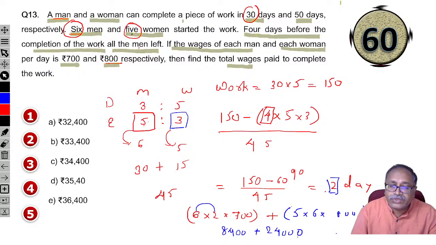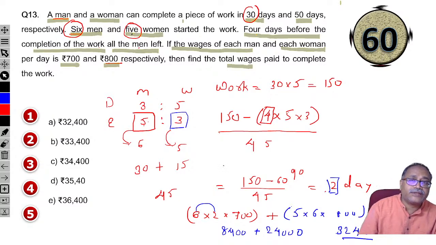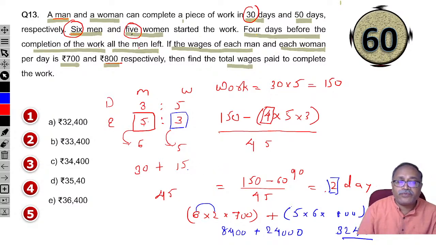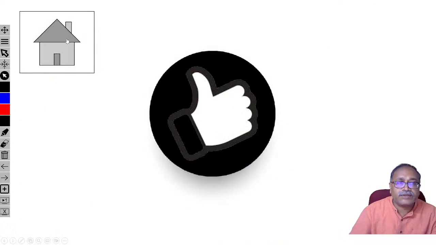When you add up these two, finally you get 32,400. That should be your answer. Do we have any option? 32,400? Yes, it's option 1. So let's check the status. Yes, that's right.